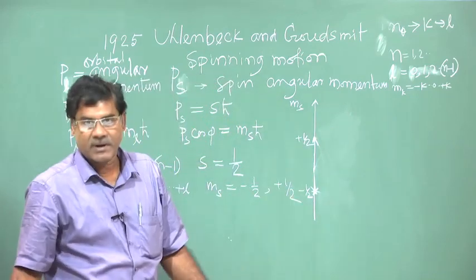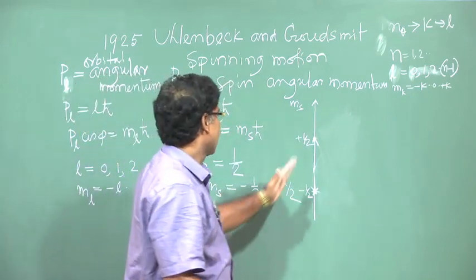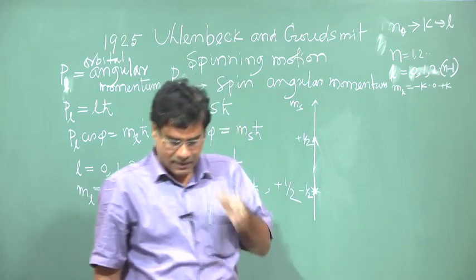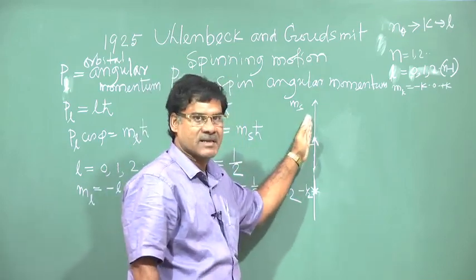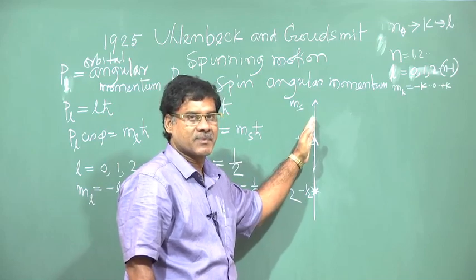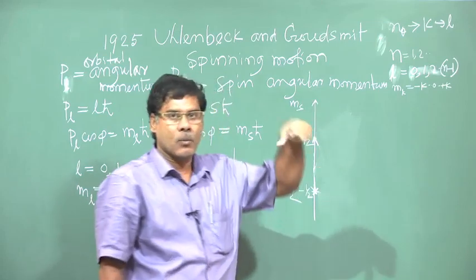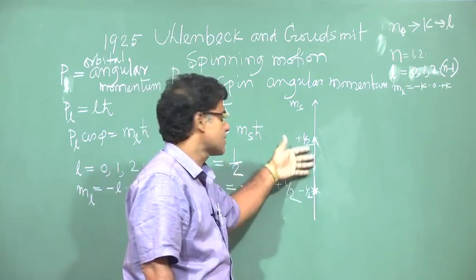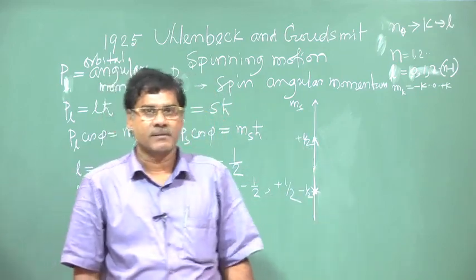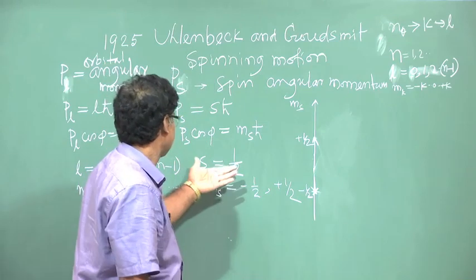So, it has two components, either along the fixed direction in space or magnetic field direction, or opposite to the magnetic field direction. Only these two states are possible for spin.